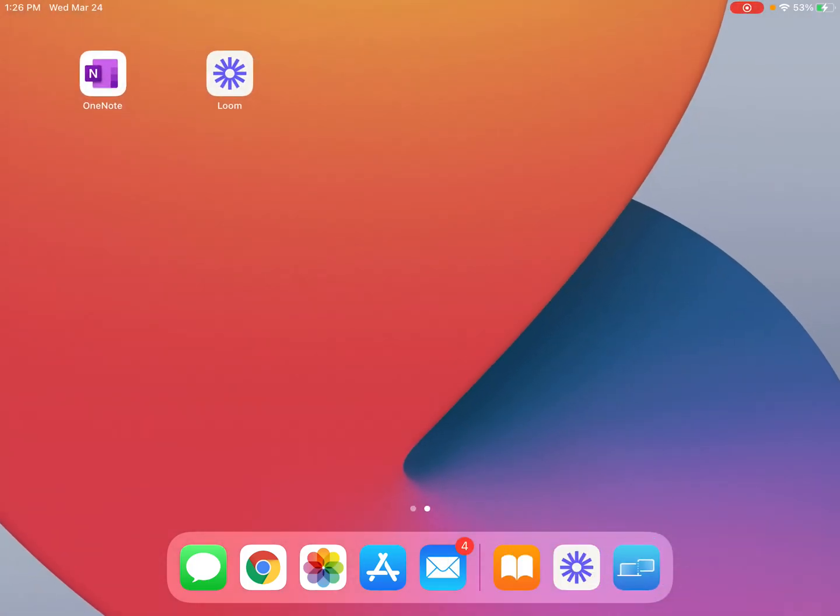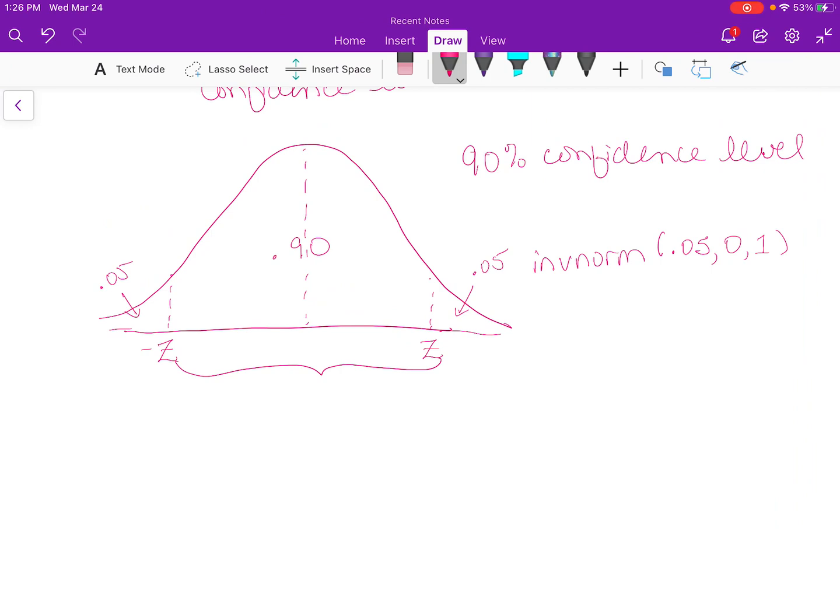So that means that the z-score on the negative end is negative 1.645. And I could also do inverse norm of 0.95, which would give me the probability to the left of this line right here, 0 and 1.